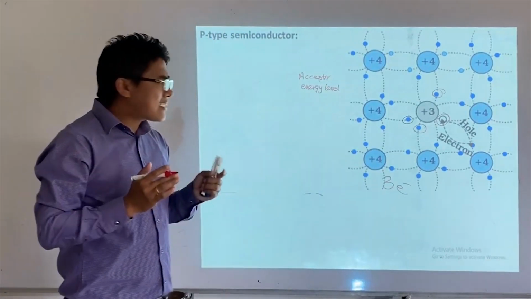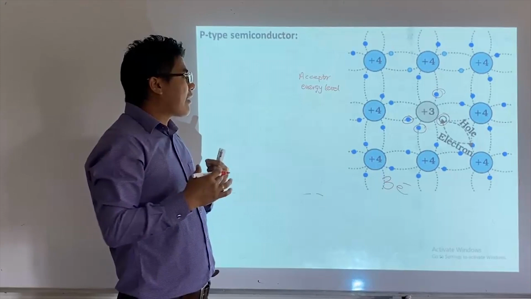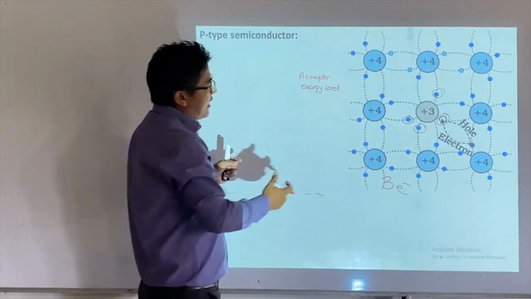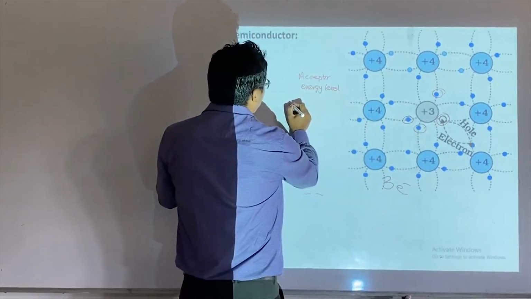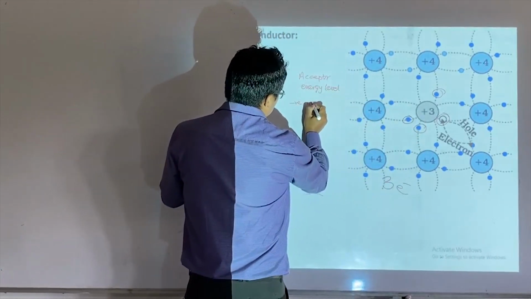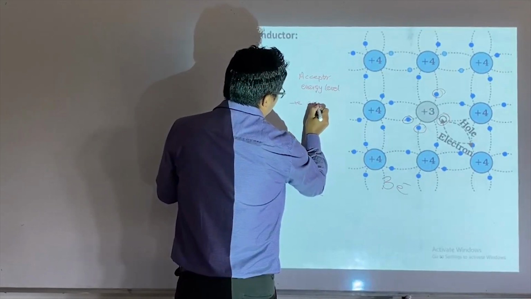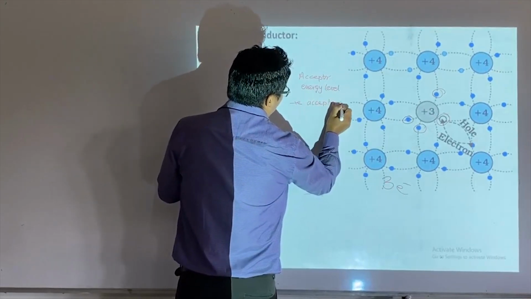That means these atoms accept electrons from neighboring atoms, and then create negative ions, negative acceptor ions.